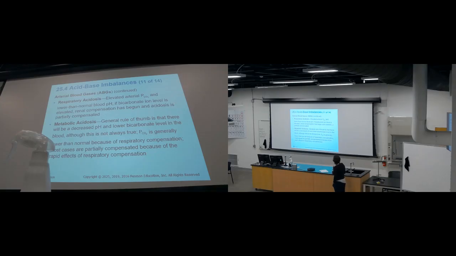If the bicarbonate ion level is elevated, that means that your kidneys have started to form them. So that's a partial compensation. Full compensation will be when you also have the respiratory system breathing more to get rid of excess hydrogen ions.